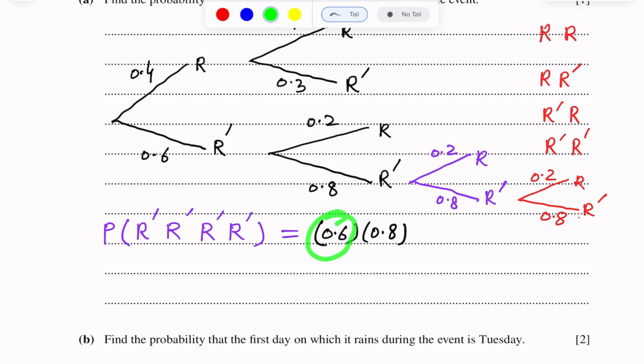First R dash is 0.6, second R dash 0.8, third R dash 0.8, and fourth is also 0.8. So we are writing here 0.6 times 0.8 times 0.8 times 0.8.